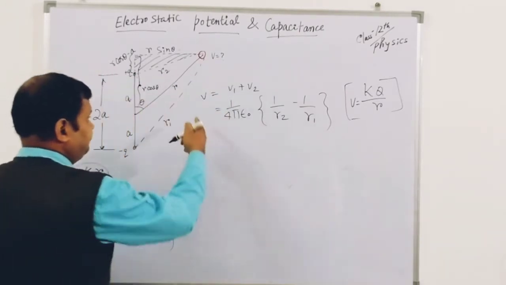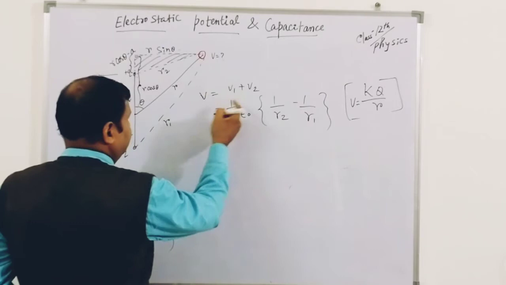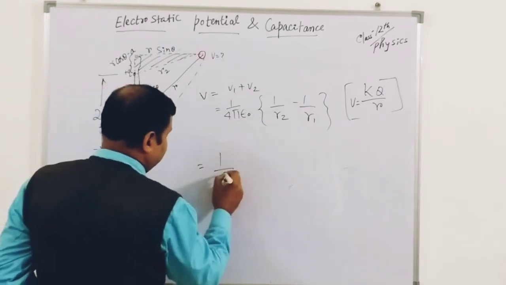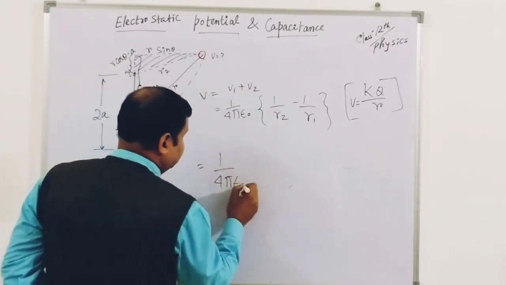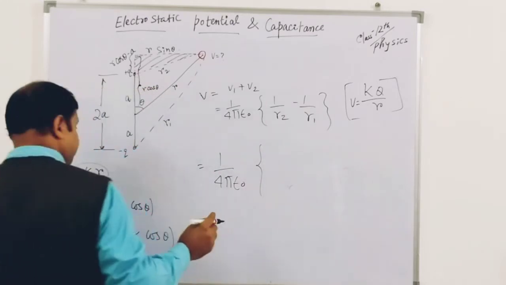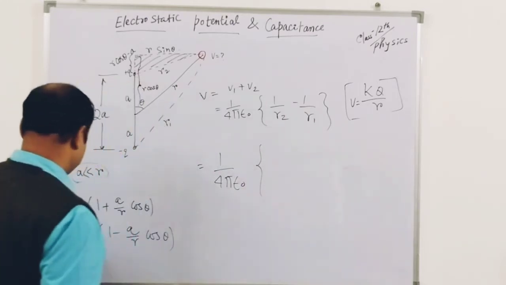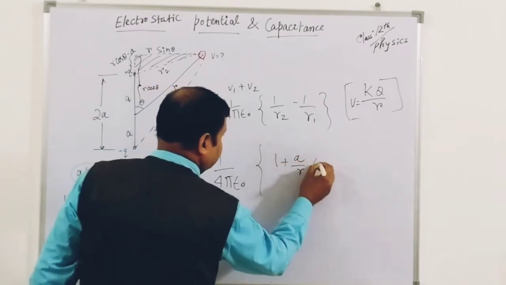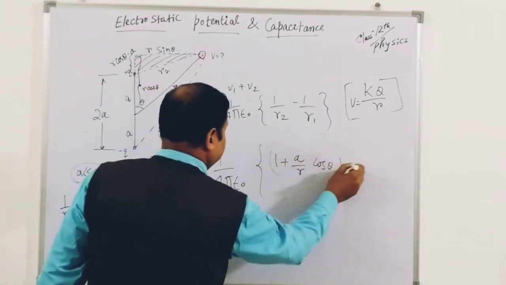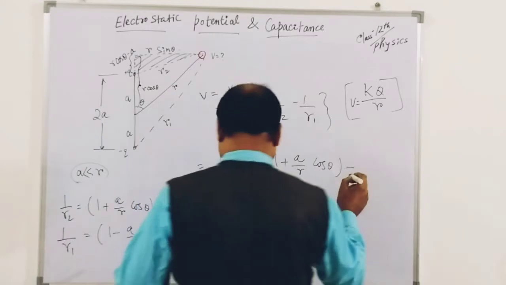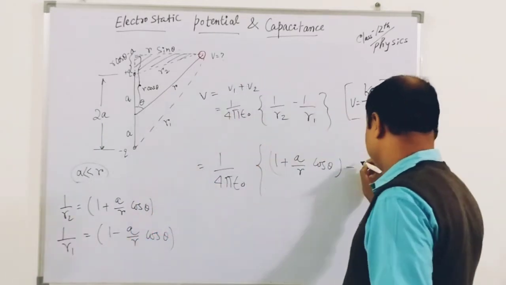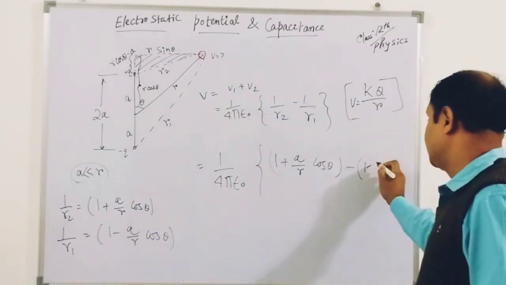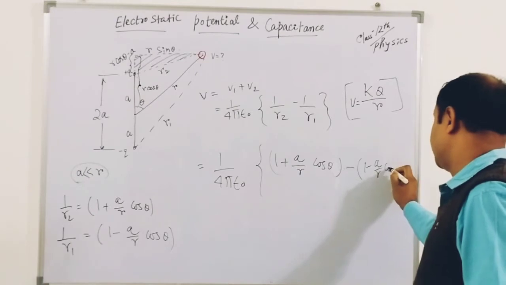See from here, the potential V1 plus V2 is nothing but 1 by 4 pi epsilon naught, and 1 by r2. How much is 1 by r2? This is 1 plus a by r cos theta, and minus of this much. What is this? This is 1 minus a by r cos theta.